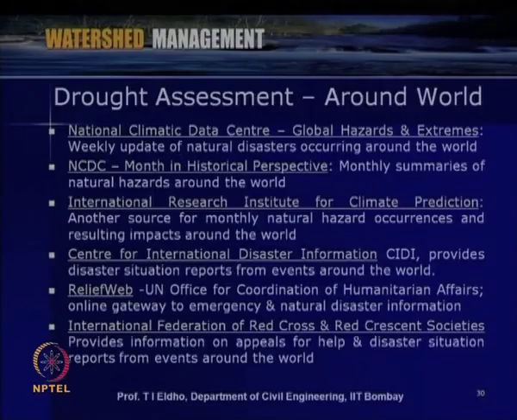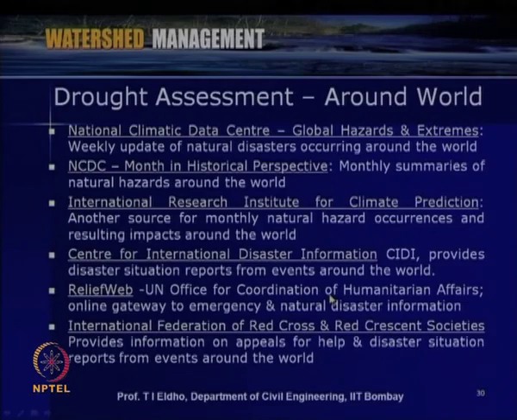And as far as drought assessment is concerned, around the world various agencies assess the drought situations, not only drought but other natural hazards like earthquake, tsunami, flooding, etc. But drought is also one of the disasters which various agencies are monitoring, like the National Climatic Data Center, NCDC, then the International Research Institute for Climate Prediction, the Center for International Disaster Information, ReliefWeb, the United Nations Office for Coordination of Humanitarian Affairs, and the International Federation of Red Cross and Red Crescent Societies.